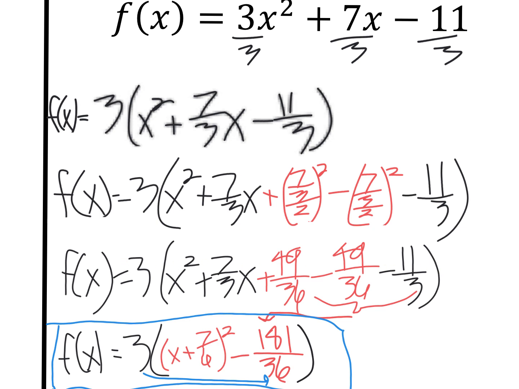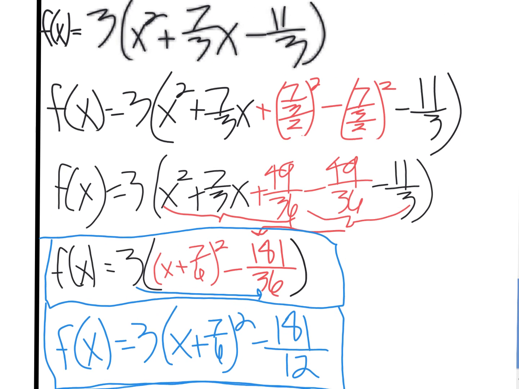Okay, so then I factored the first three terms. And so what are the factors of 49 over 36 that add up to 7 over 3? I mentioned this in previous notes. When people get confused, particularly on the fraction part, just look at the step above. Before you square this number, this is what will be inside here.